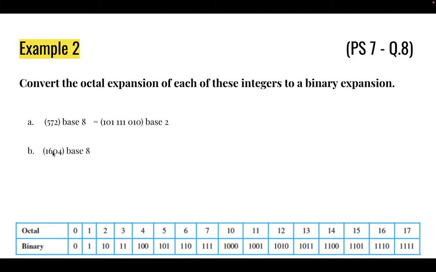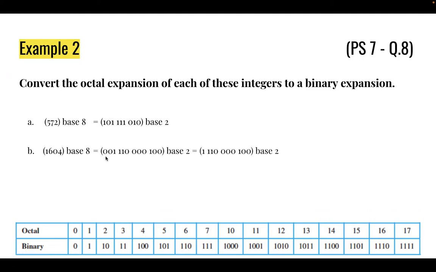Our next example is 1604. Pause the video and try to do this by yourself. Here 1 in octal is also 1 in binary, but remember that we need to have 3 digits, so we add 2 zeros before 1. Then 6 can be represented as 110 in binary, 0 can be represented as 0, but remember we need to add 2 more zeros to make it 3 digits, and then 4 can be directly represented as 100.